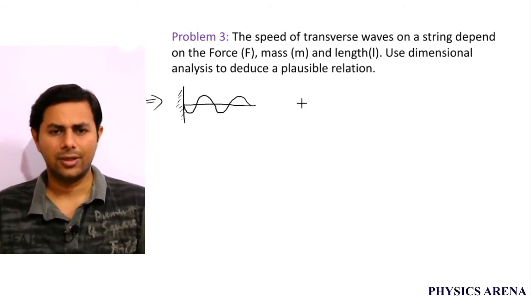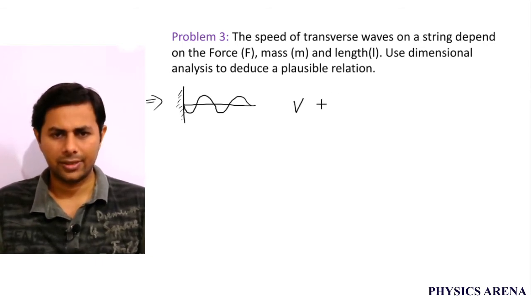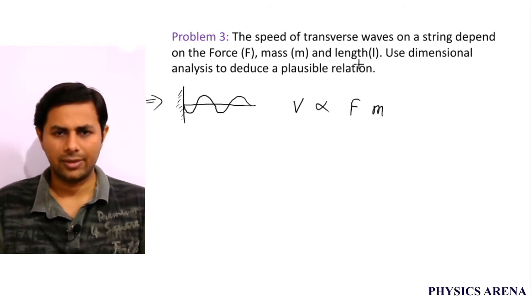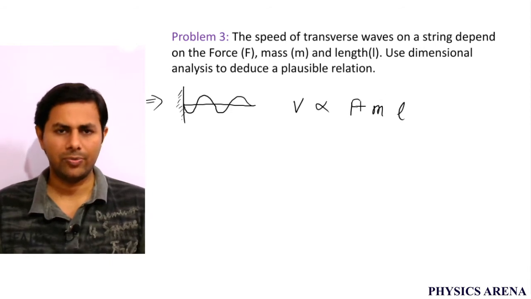Okay, so let's suppose that the speed depends on F, M and L, but we don't know what powers of F, M and L will come in the formula of speed.